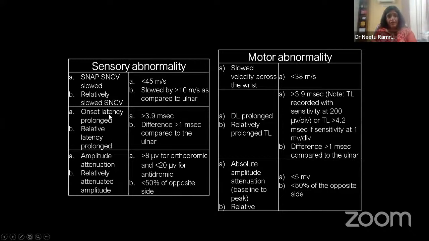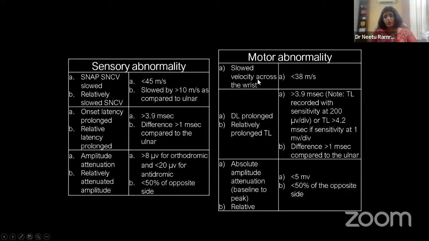Again, relative latency prolongation, or relative difference between the two of them. And when we do orthodromic, the amplitude should be, if it is less than 8, and less than 20 in case of antidromic. Also compare the two sides, although for CTS, I don't know how useful it is because CTS usually is bilateral. But still, if you can get a difference, that is useful.